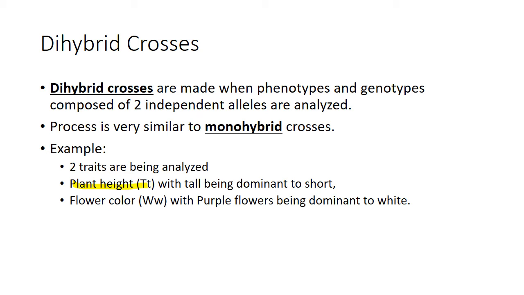The plant height being tall with being heterozygous. So our tall being dominant to short. I'm going to underline that. Tall being dominant to short. And our flower color with a big W and a little w. And we're going to say for that one, the purple flowers being dominant to white, exactly how Mendel saw them.